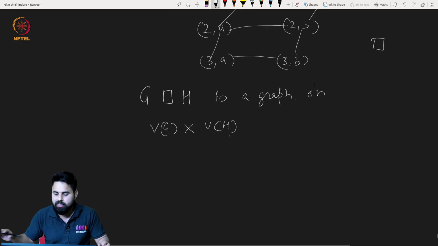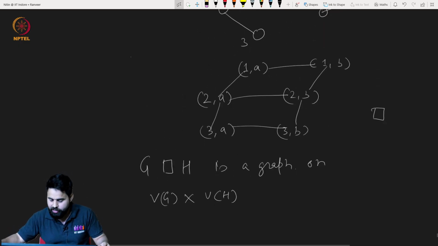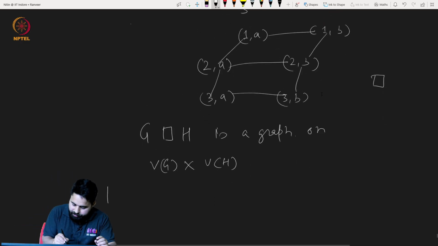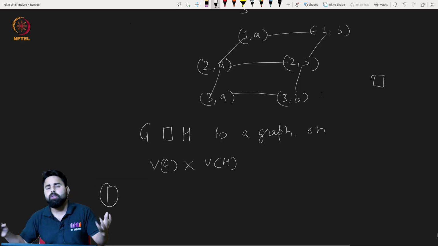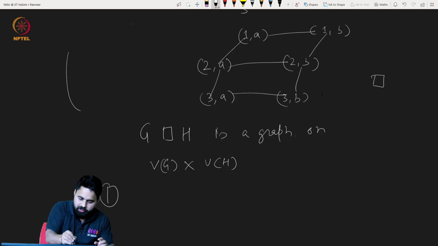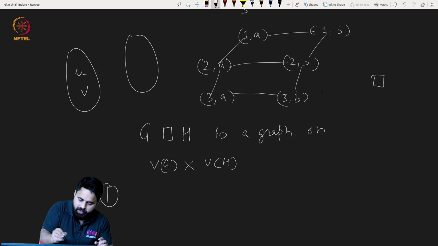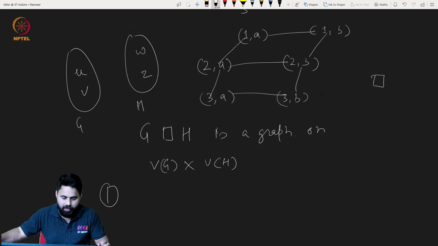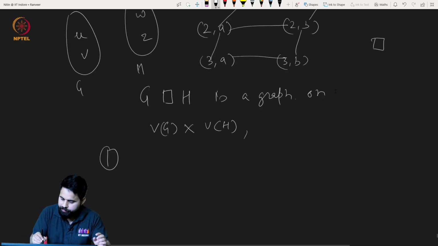That is why here there are 6 vertices. Now suppose there are 2 vertices in G, say U and V, and in H, say W and Z. So 2 vertices, then 2 vertices.